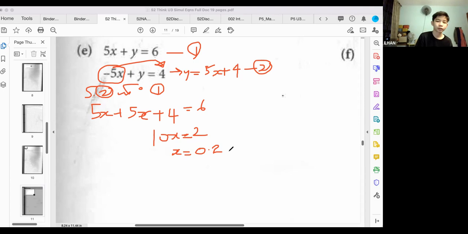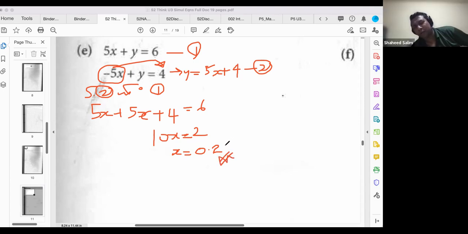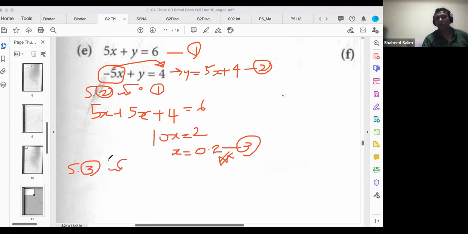Because we are so programmed that the big number is divided by the smaller number. But sometimes in this case, small divided by big. So now you can call this equation 3, and you substitute 3 into 2.